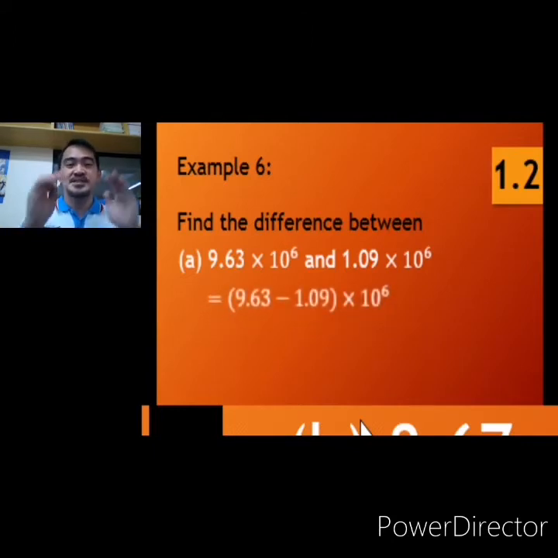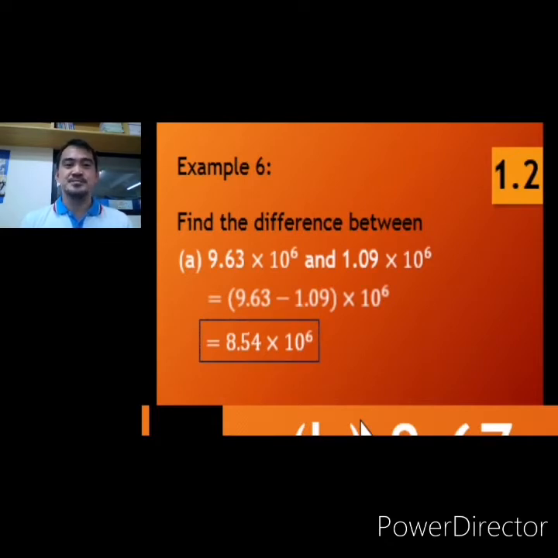That is the quantity 9.63 minus 1.09 times 10 raised to 6. And the difference between these two numbers is 8.54 times 10 raised to 6. And that is our final answer.